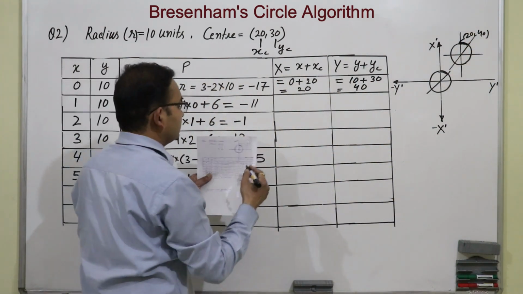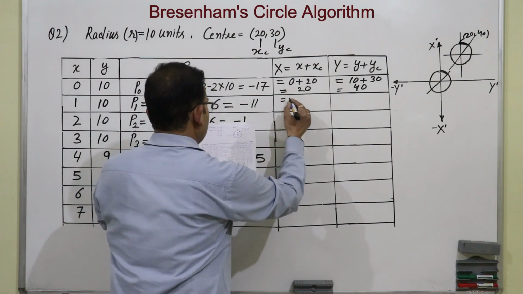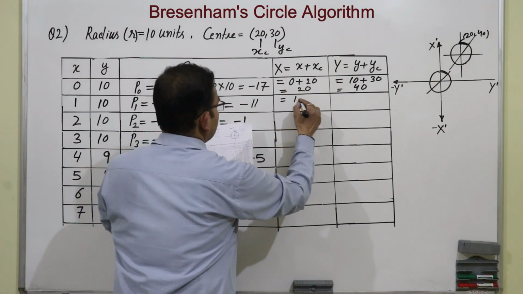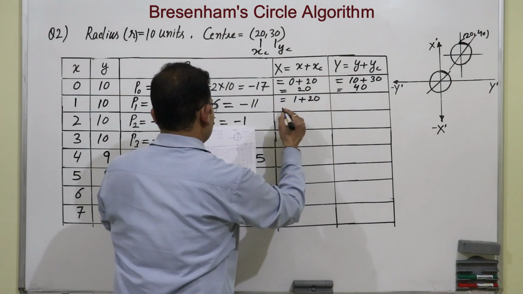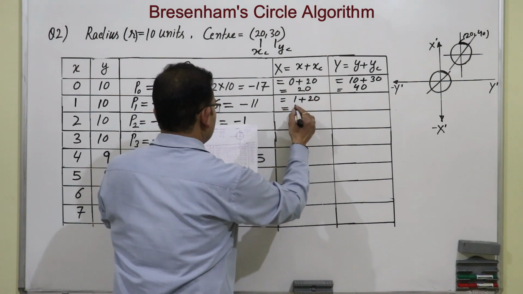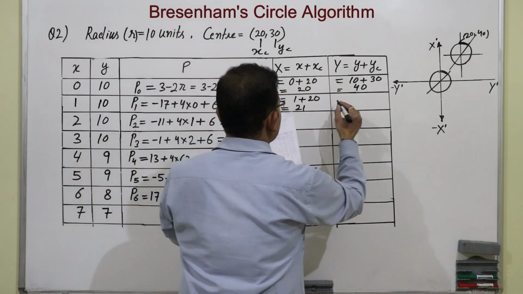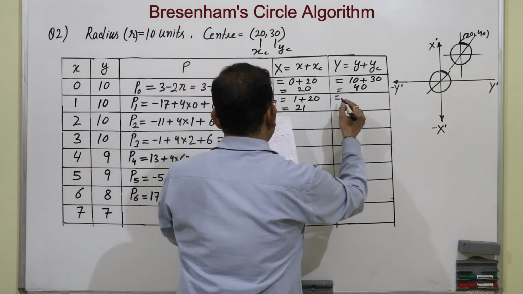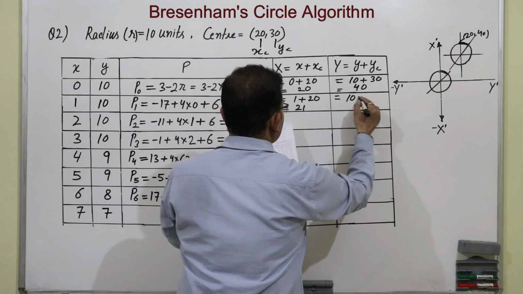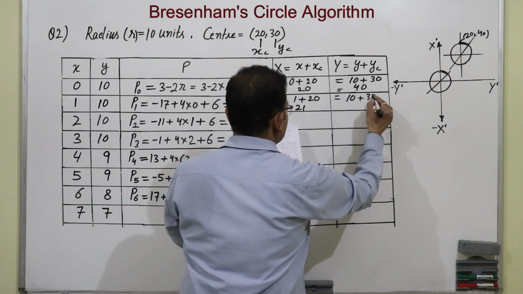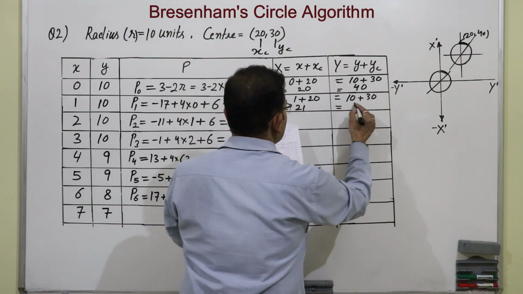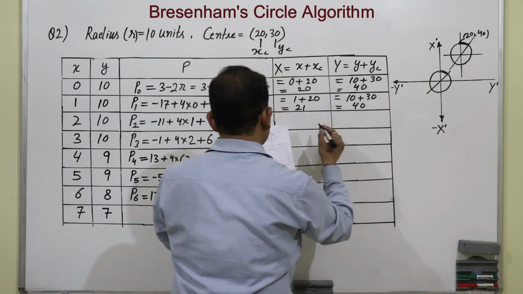Next, 1 plus 20 equals 21, and 10 plus 30 equals 40.